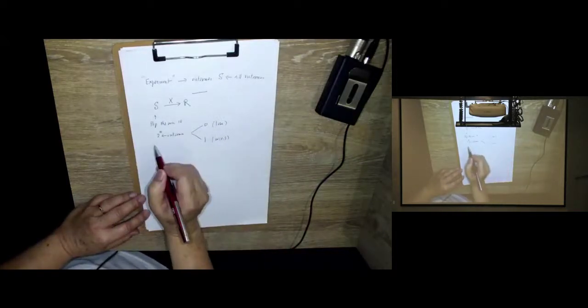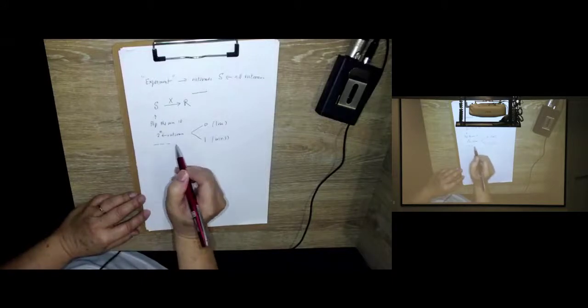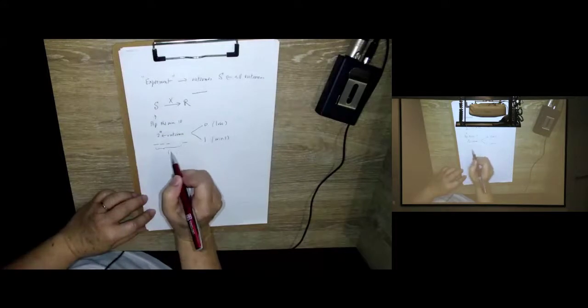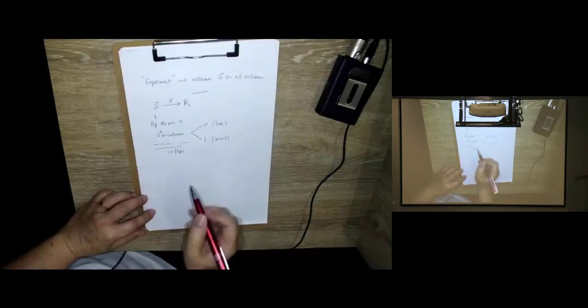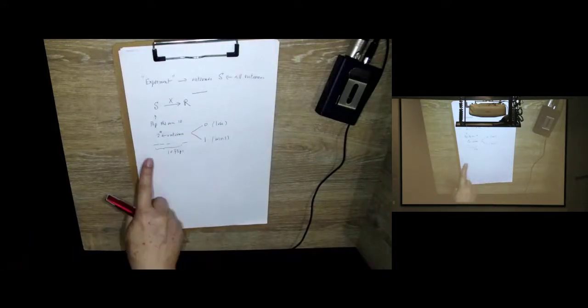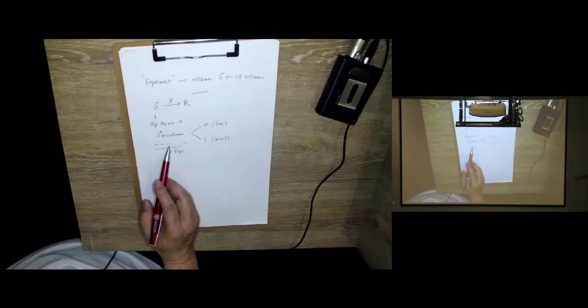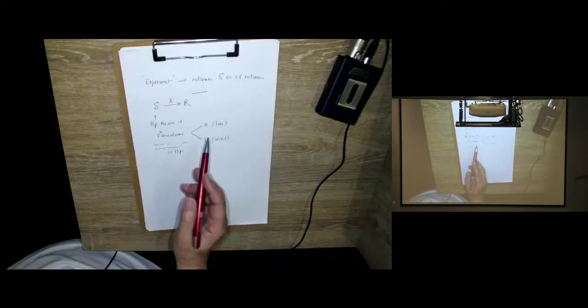So you look at the results of your 10 flips, and you count how many heads there are in these 10 flips. If it's bigger than 5, then you win, and if you have less than or equal to 5, you lose. This is just one possible game.